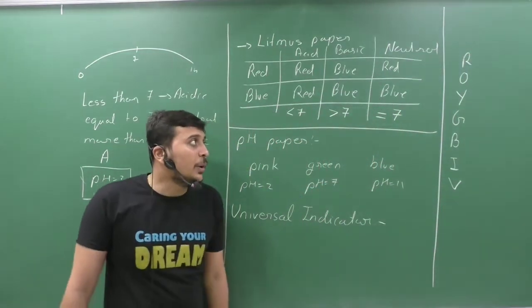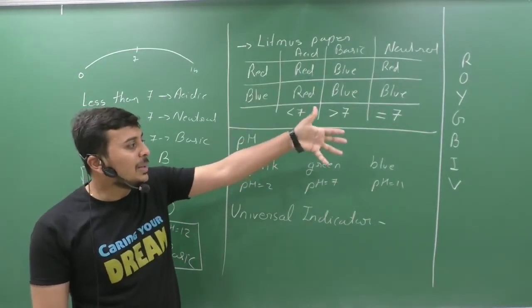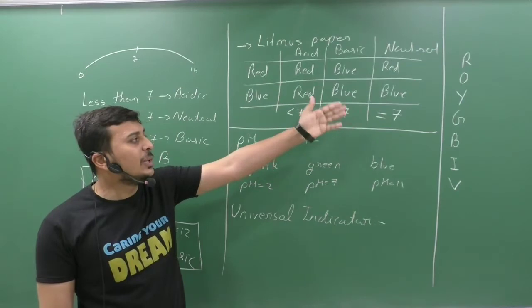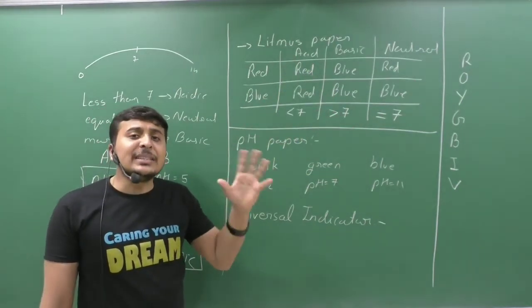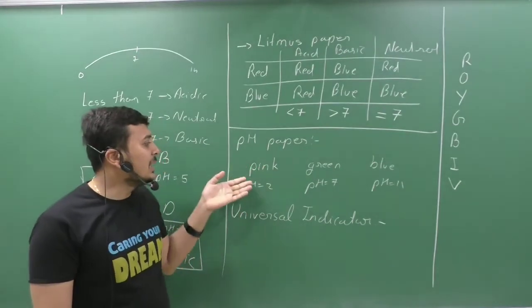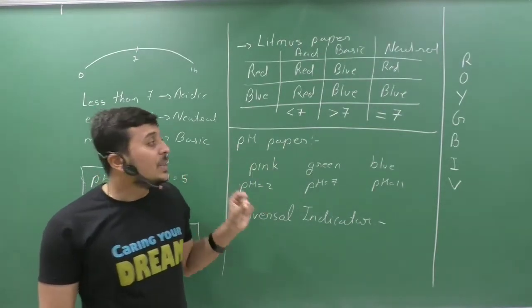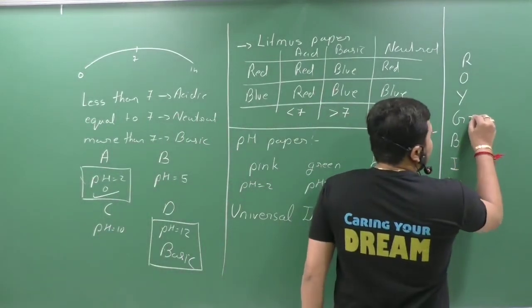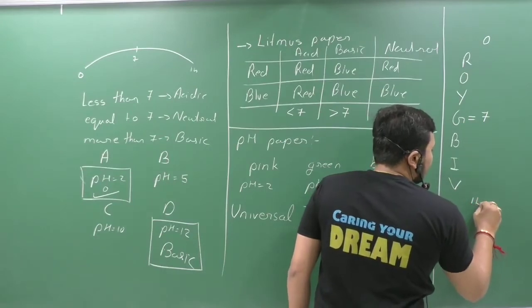These are the colors formed during the rainbow. Now if you remember this VIBGYOR, it will be quite easy for you to remember what are the colors formed and what are the pH values you obtain. See, now green is equal to 7. Here it is 0. Here it is 14.